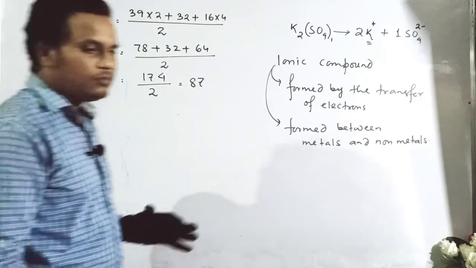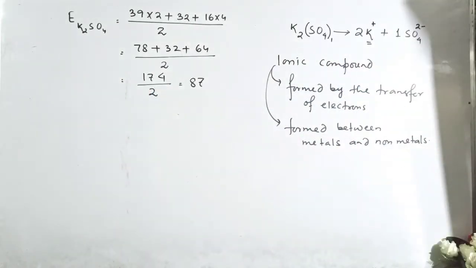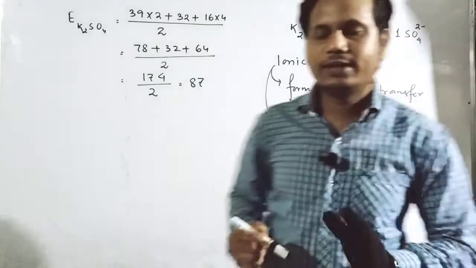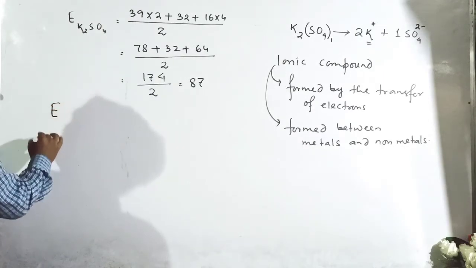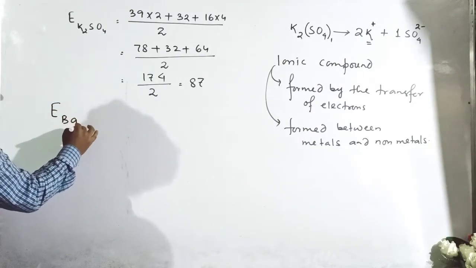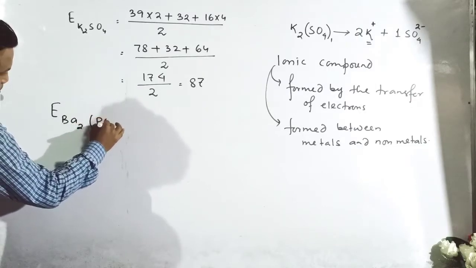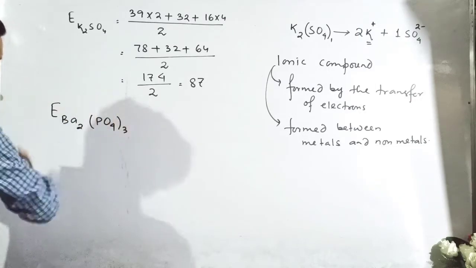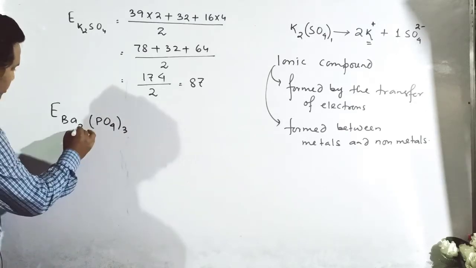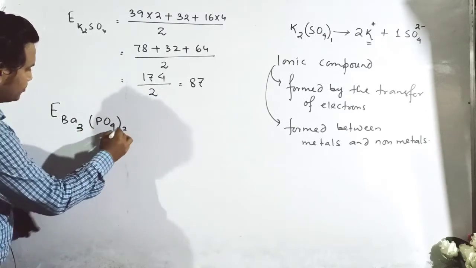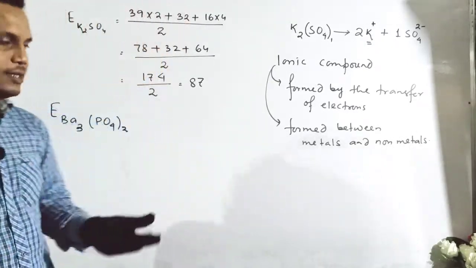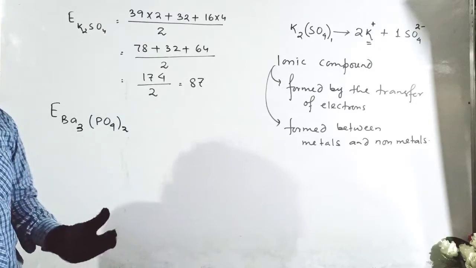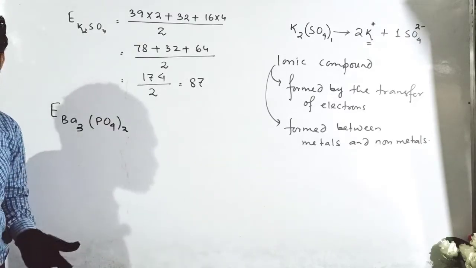Okay. Next, take one more example. We have to find the equivalent mass of barium phosphate, Ba3(PO4)2. Barium is a metal, phosphorus is a non-metal, so a metal and a non-metal form an ionic compound.